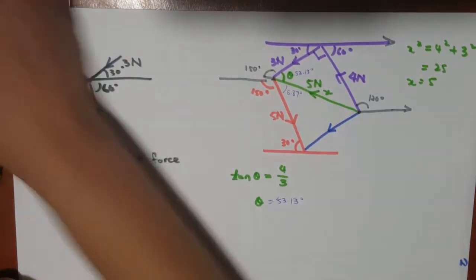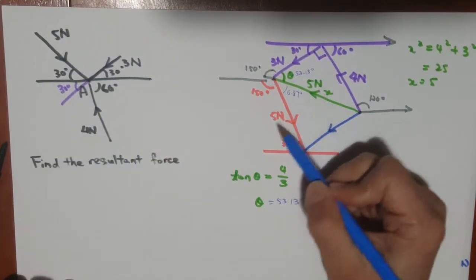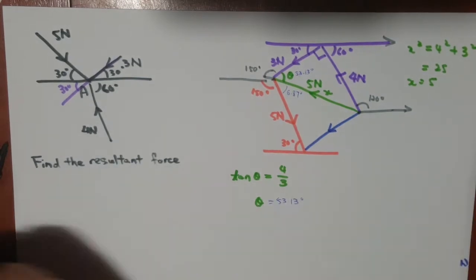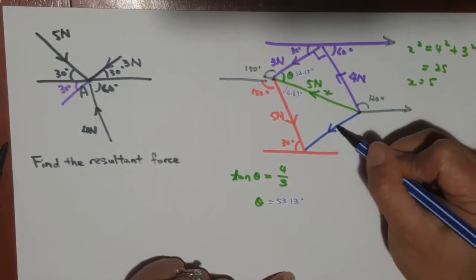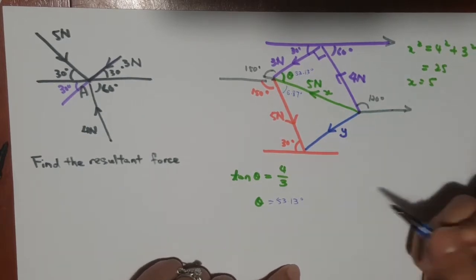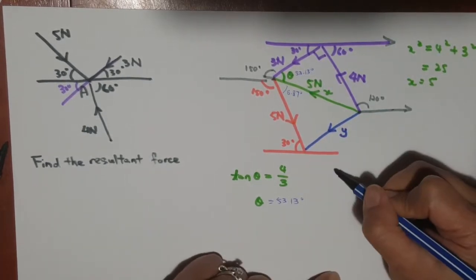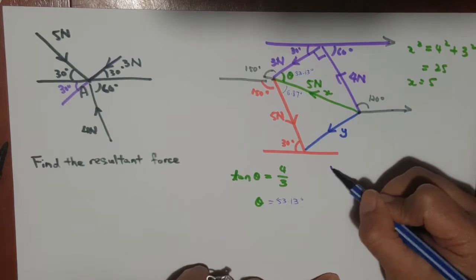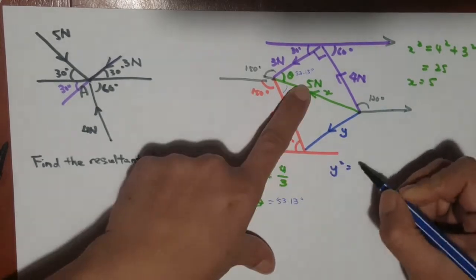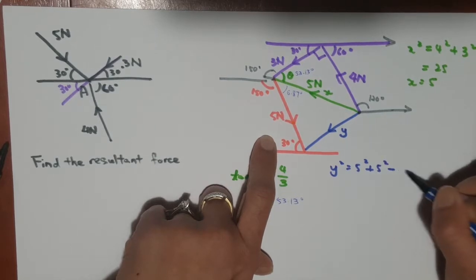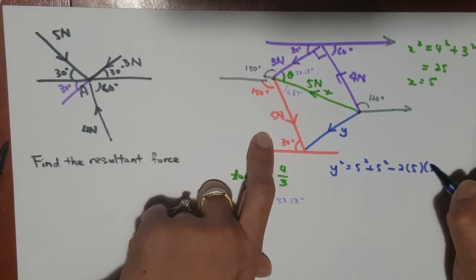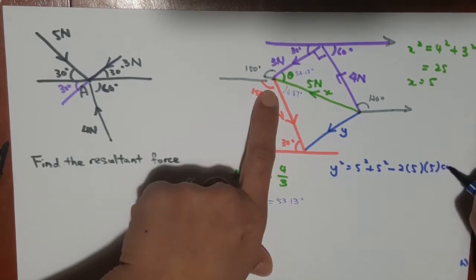So once I get the angle and I have two sides, I can figure out the third side. Let's say this side is y. So we will use the cosine rule. y squared equals 5 squared plus 5 squared, take 2 times 5 times 5 times cos 6.87.